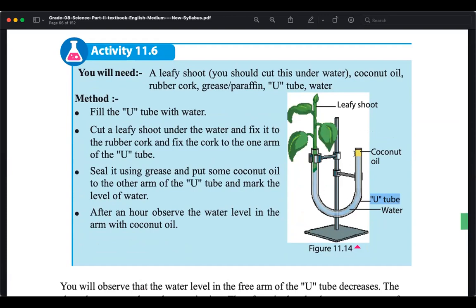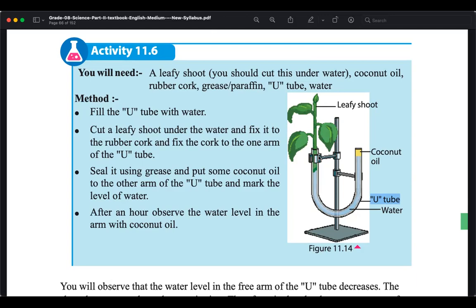To measure the level, you can put a slight layer of coconut oil or some oil, even 2 to 3 drops, just to measure the level. This should be fixed well, and if you keep this setup for maybe 2 hours, that's enough. I think even 1 hour is enough.